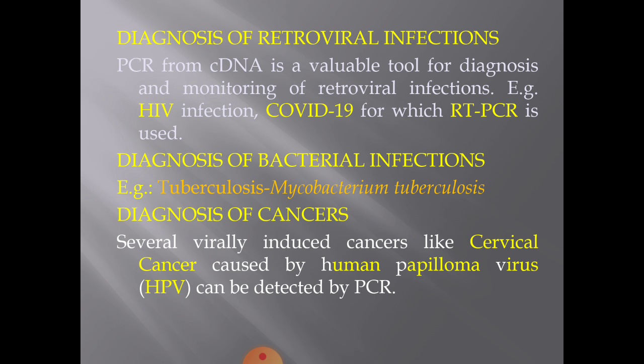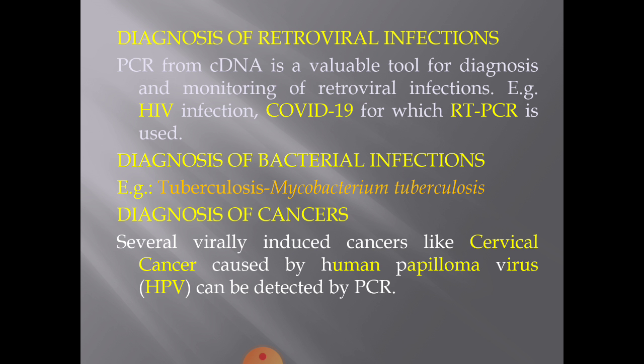Therefore, from RNA, you have to synthesize cDNA, that is complementary DNA, and then from cDNA you can have a double-stranded DNA.